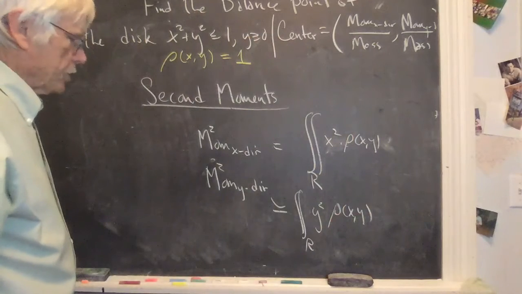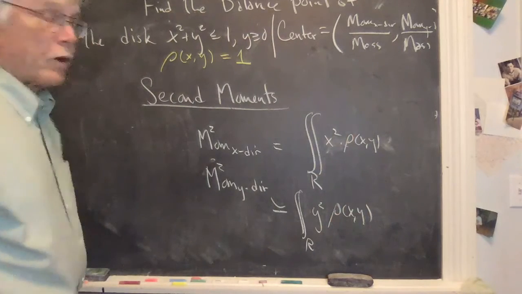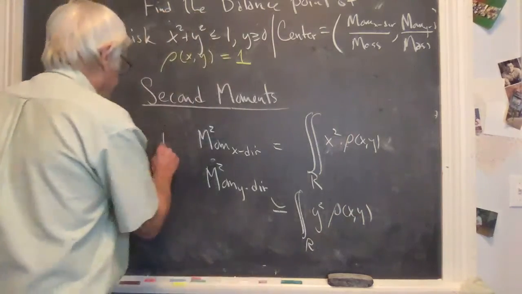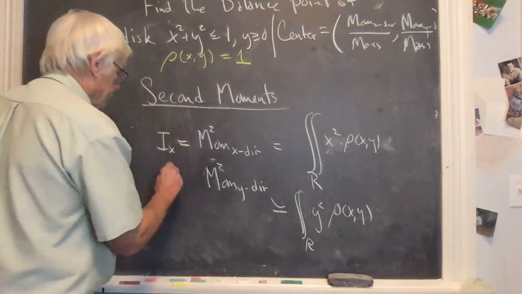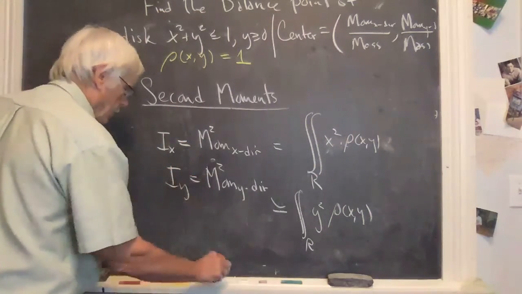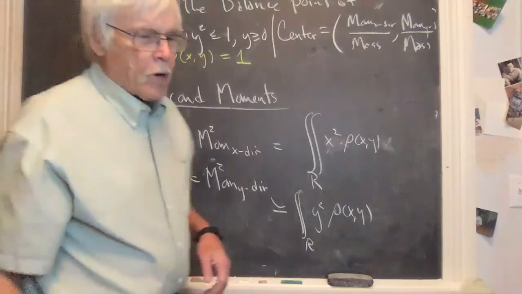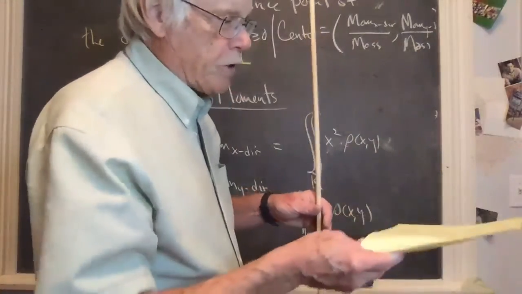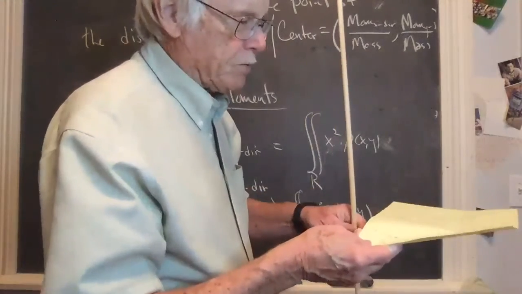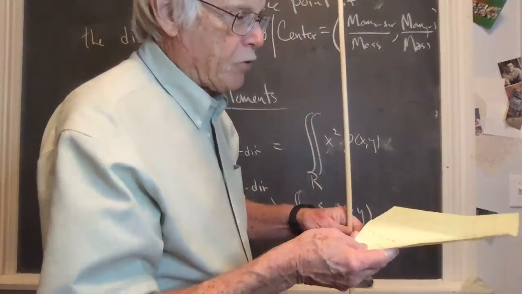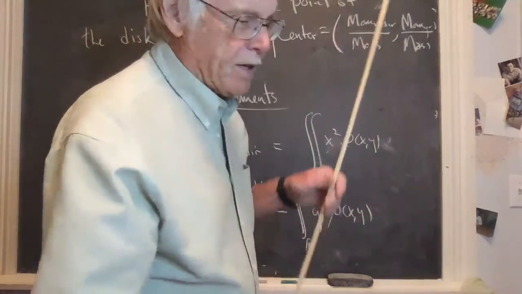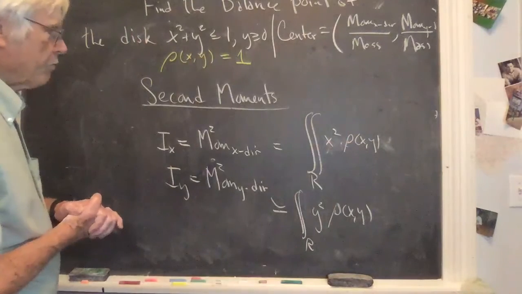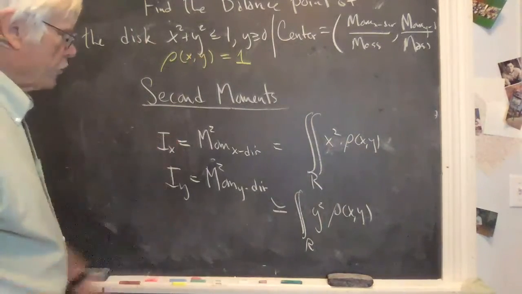So these are called second moments or moments of inertia. And these moments of inertia tell you how stable this object is if it's rotating. It gives you a rotational equivalent of first moment. And these are used for a number of things.